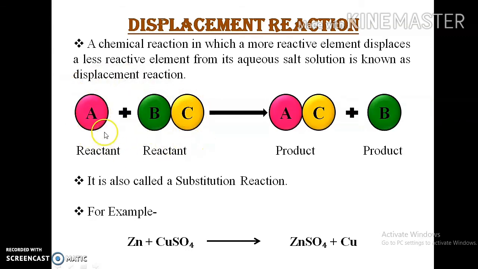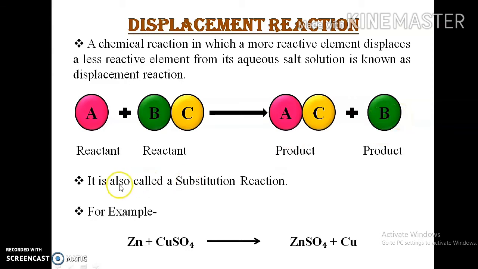Reactant A, which is more reactive than reactant B, displaces reactant B and takes its place. Reactant A has taken the place of reactant B, and a new product AC is formed, and B is formed as a side product.